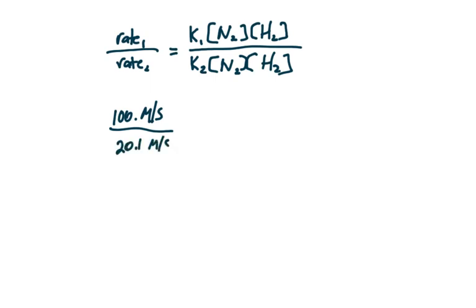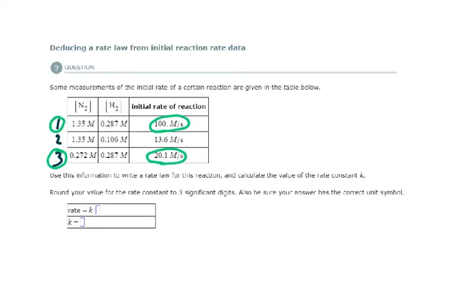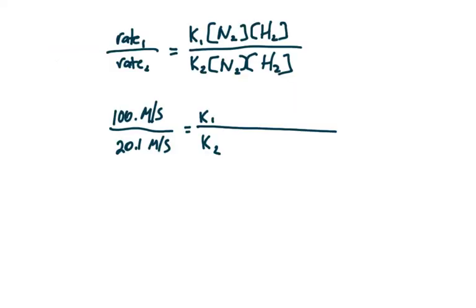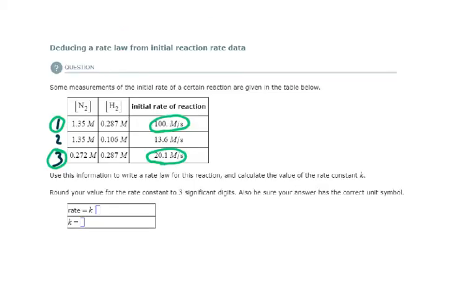We don't know K, but we're going to try to find it. The concentration of N2 again was 1.35 molar. And the concentration of H2 we're going to ignore, but I'll write it in just to be complete.